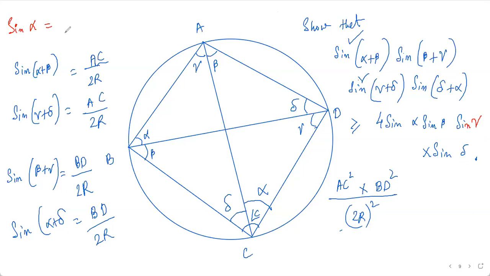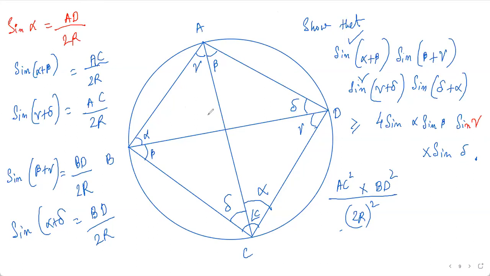Sine alpha would be AD over, so I have to now relate them with this. If I want to use the Ptolemy theorem, I have to somehow relate them with the sum of the product of the two opposite sides. So that's why I'm taking AD over 2R.